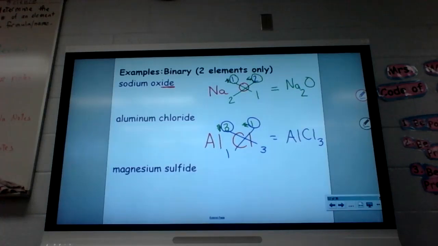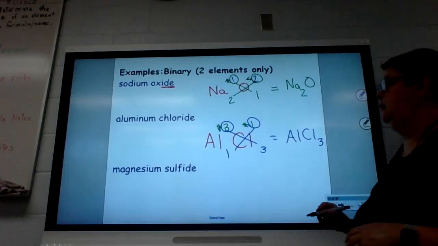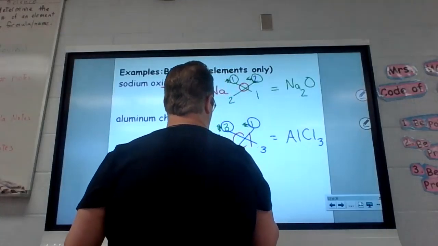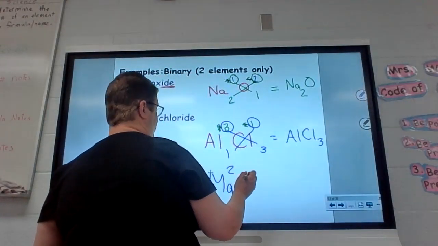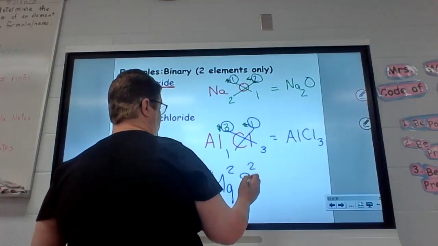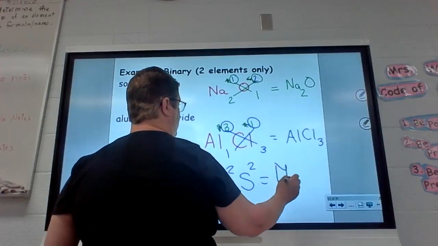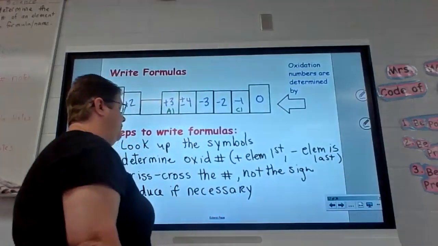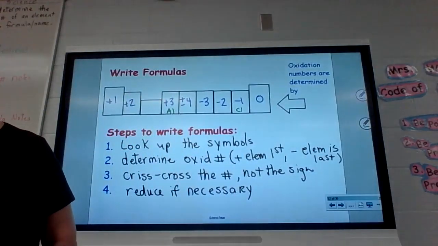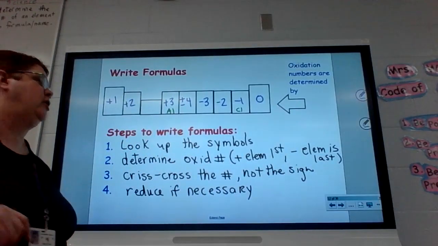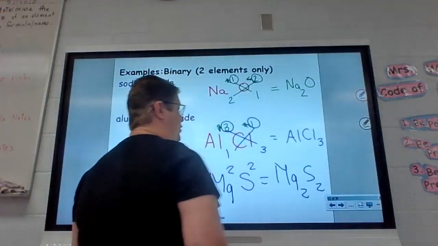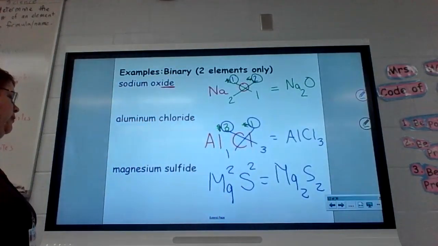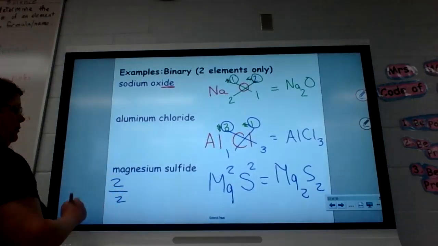All right, so what was Mg? What was sulfide? So you got Mg2S2. All right. What's step 4 tell us? What are you going to do when you have two 2s? What would you do in math class if you had 2 over 2?